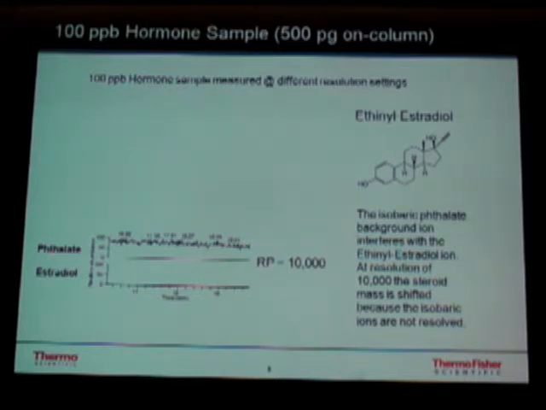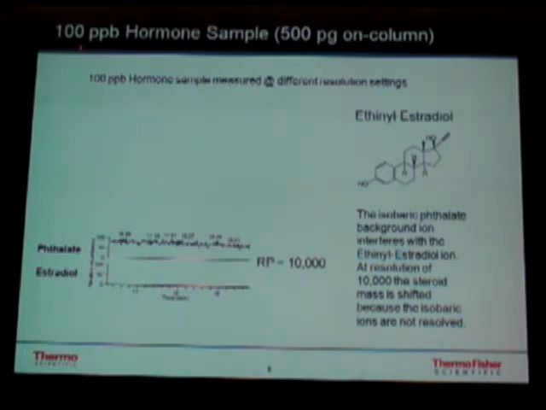In this case, this is an example of 100 parts per billion of a hormone sample, which is 500 picograms on column. The analyte, or the drug here, is estradiol. Now, estradiol and phthalate have identical mass. They are isobaric, and at a resolution of 10,000 you cannot distinguish between the two.